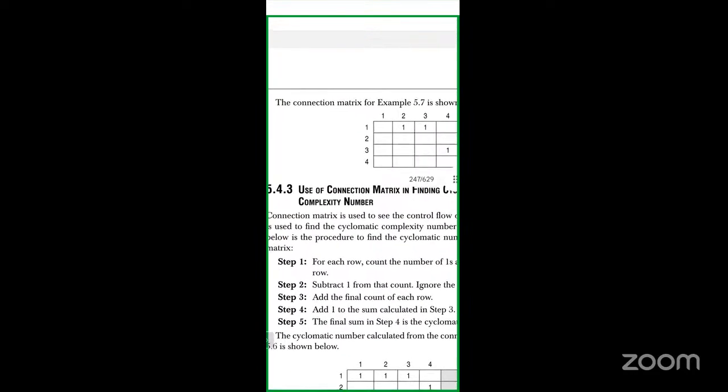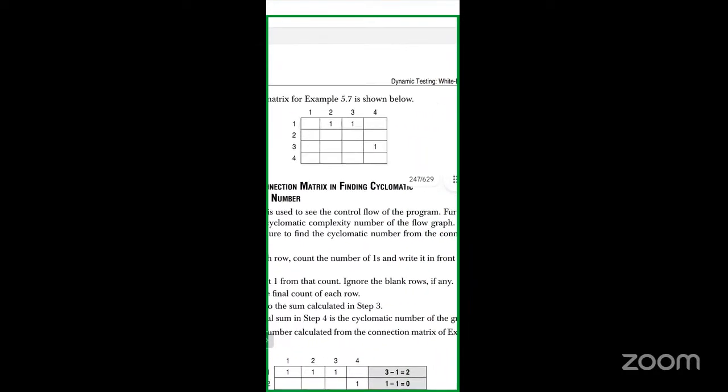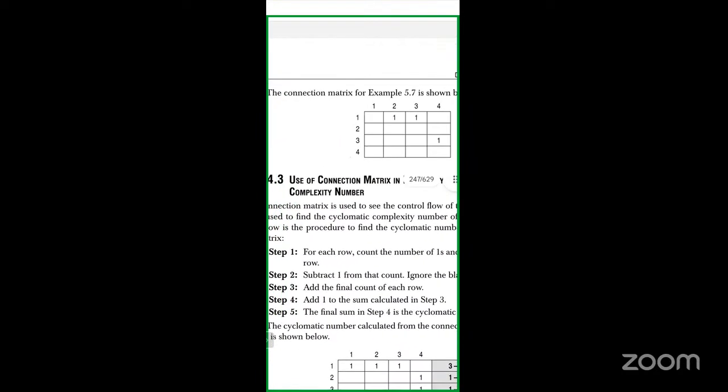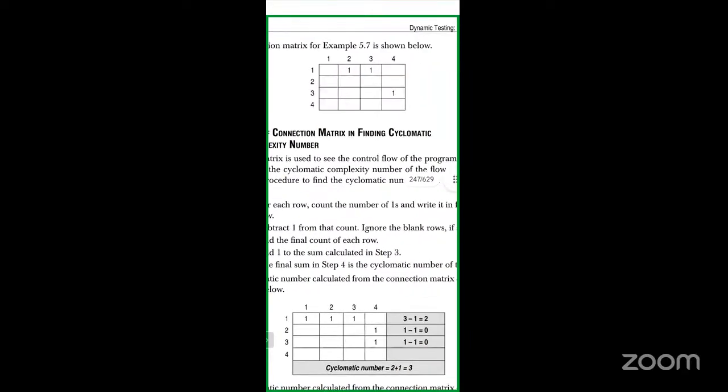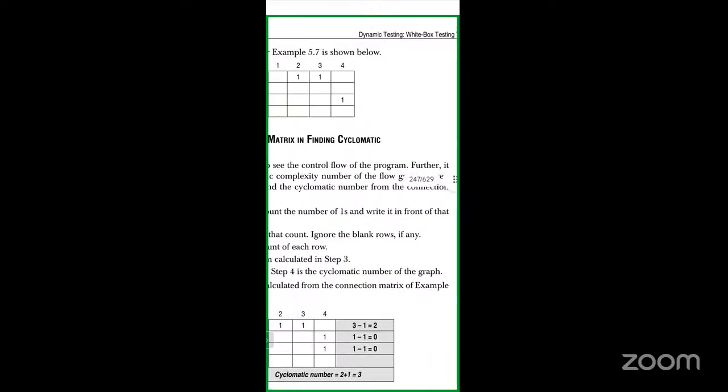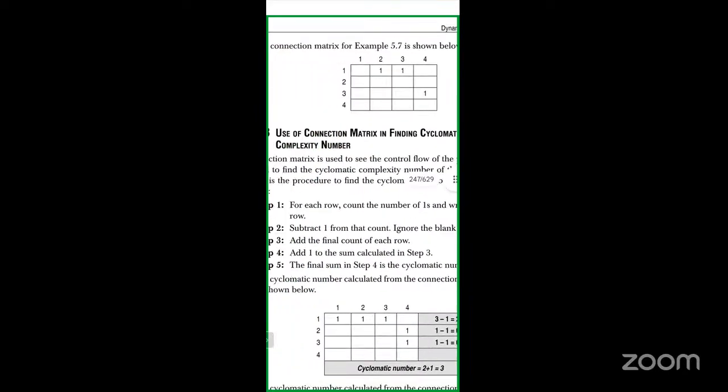So here we are having use of the connection matrix in finding cyclomatic complexity numbers. We have a set of rules, a set of steps that we need to follow. For each row, count the number of ones and write it in front of the row.